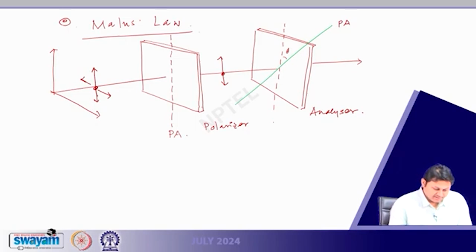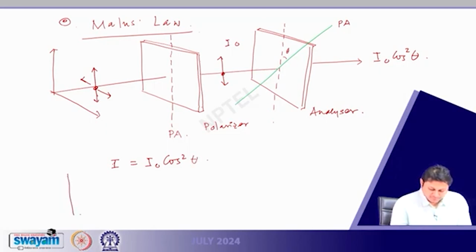So, in that case, if I have intensity I naught here, the intensity that I will get at the output is I naught cos square theta, that is the Malus law. So, I at this point will be I naught cos square theta.